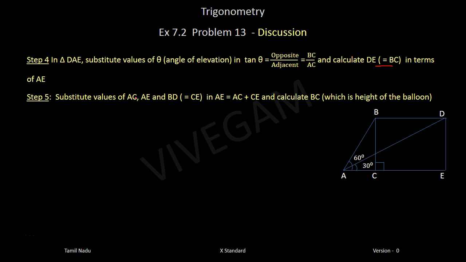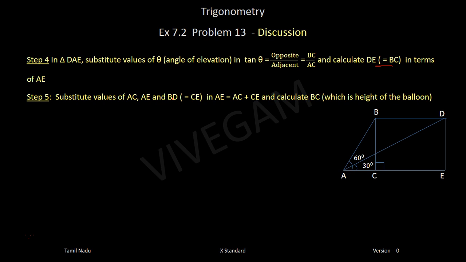Then substitute the values of AC, AE and BD, which is equal to CE. This BD equals CE. Please be careful, this equals this and this equals this, right? Then AE equals AC plus CE. So you substitute everything. AC we just got in the first equation in terms of BC.